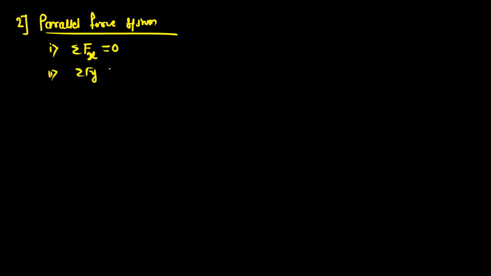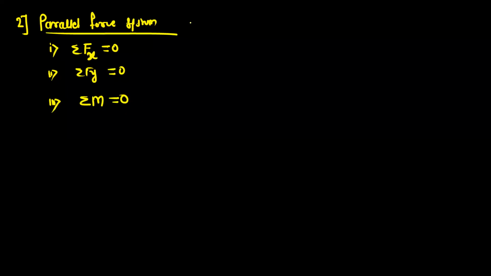So for parallel force systems, you can note down these conditions. First condition is summation Fx equal to 0. Second is summation Fy equal to 0. And your third condition is summation of moment equal to 0.